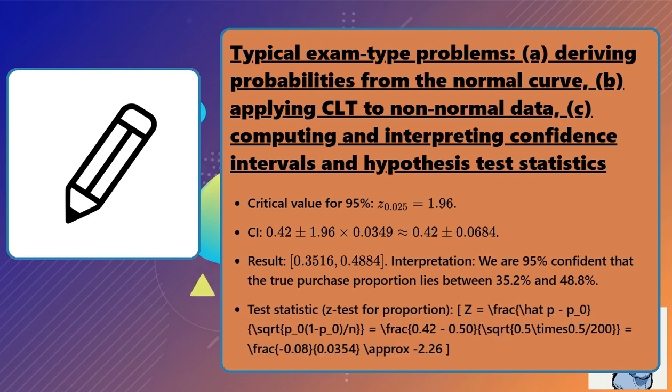Test statistic z equals (p hat minus p0) divided by the square root of p0 times (1 minus p0) divided by n, which is (0.42 minus 0.50) divided by the square root of 0.5 times 0.5 divided by 200, equals minus 0.08 divided by 0.0354, approximately minus 2.26.